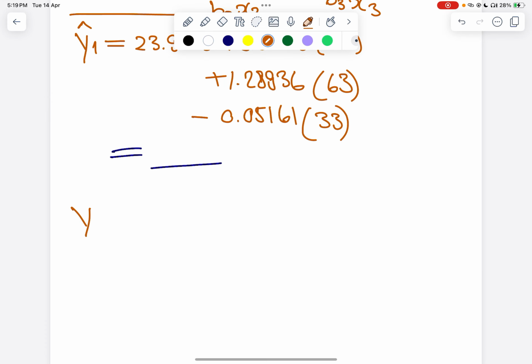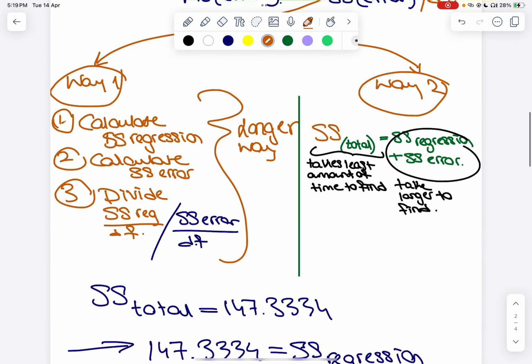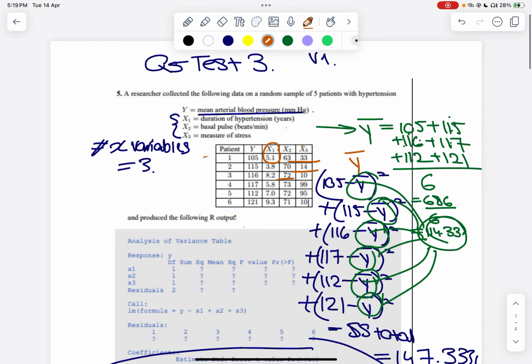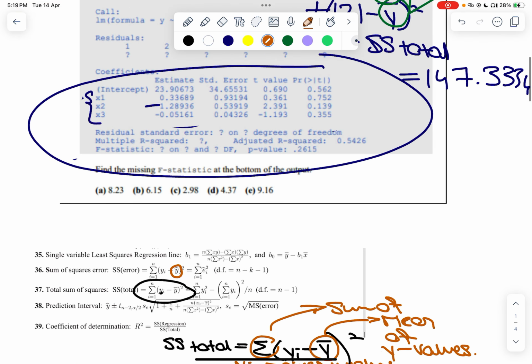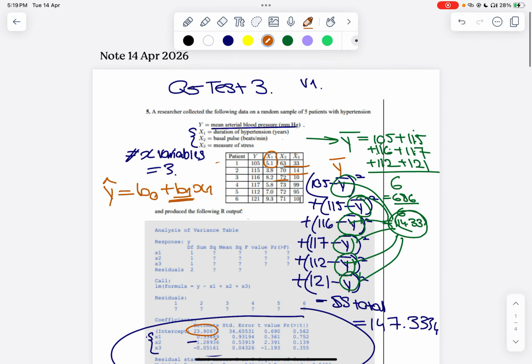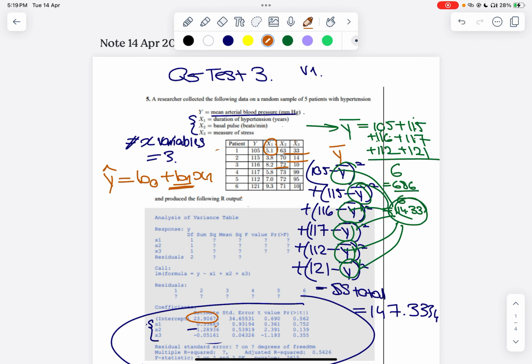And then you're going to repeat the same thing for y2 with patient 2. We're just going to plug in the same formula of y hat is equal to B0 plus B1 X1 and so on. The B1s don't change. The B1, B2, and B3 are just what you get from here. B0 doesn't change either, but the X variables do change. So when you plug the different X variables in, you will get different y hats.